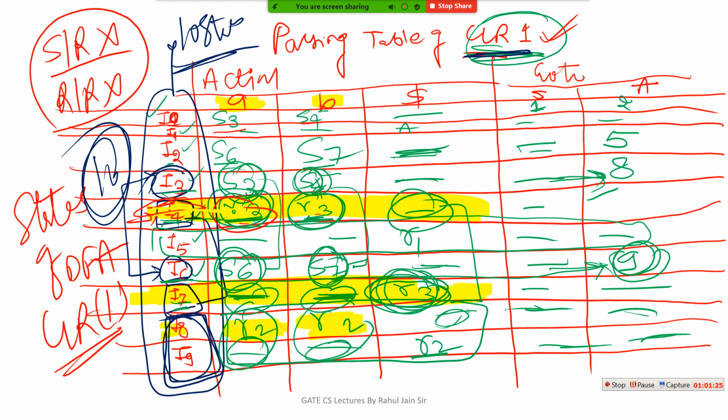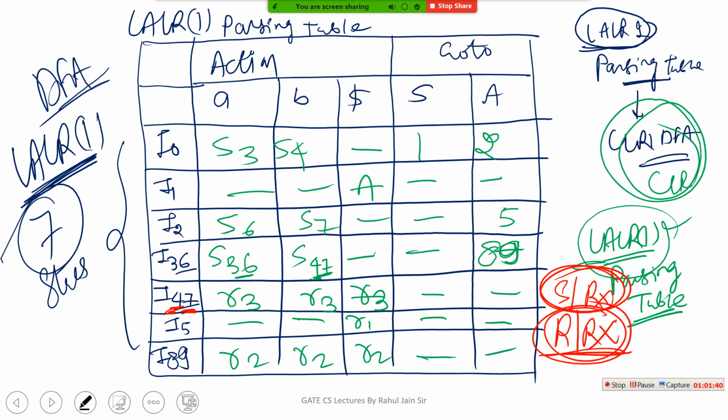So in I4, this is R3. There is nothing here, so we will write R3. And here nothing is there and R3. So if we combine, we need to take the union, right? So in I47, R3 and R3 would be placed. So no need to get confused.